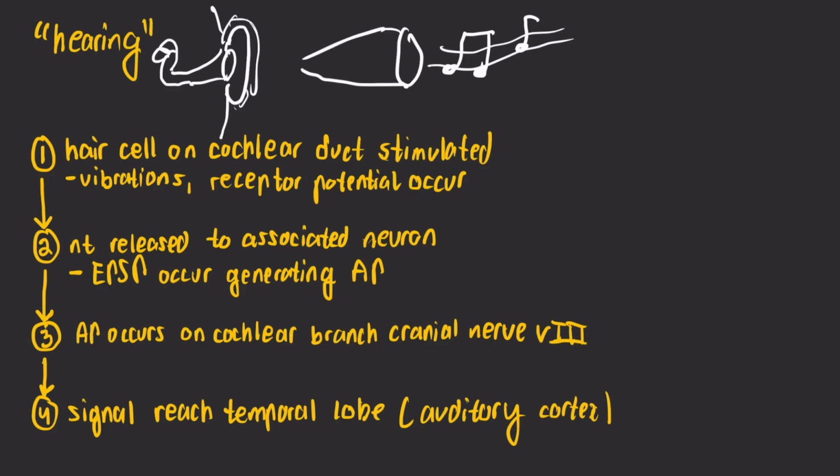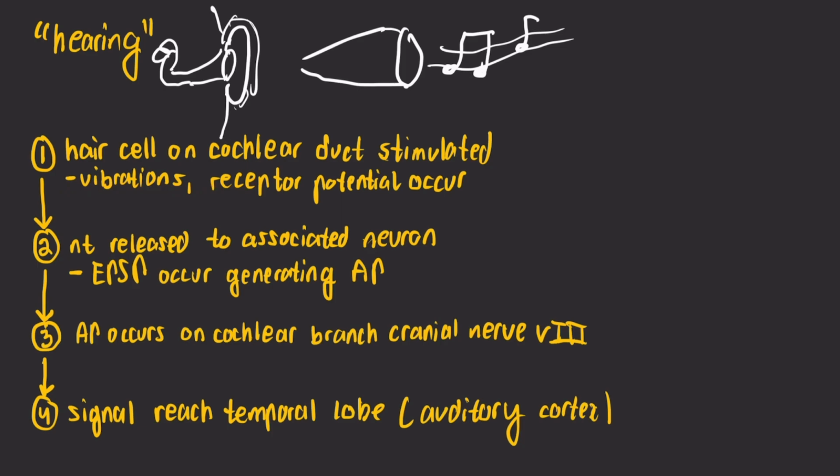The hair cells on the cochlear duct will be stimulated. This will be inside our ear, and if we remember from anatomy, the cochlear duct is somewhere past your eardrum. There are those individual hair cells that will be stimulated because of vibrations.